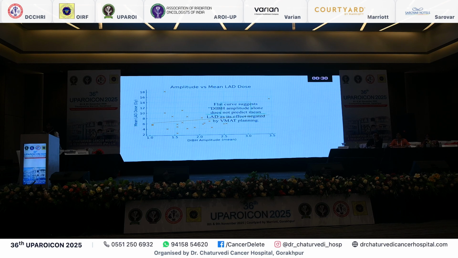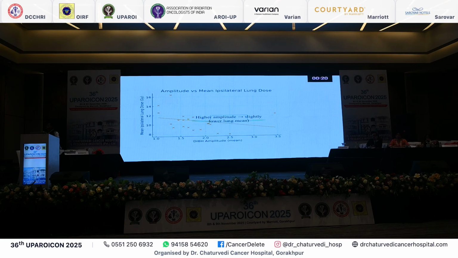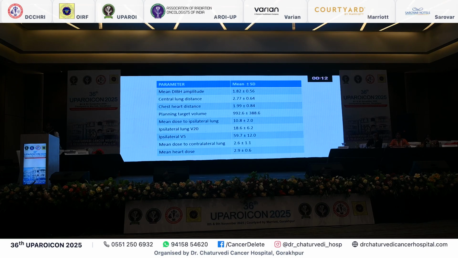In this graph, between amplitude and mean LAD dose, there is still a flat curve, which suggests DIBH amplitude alone does not predict LAD dose. Interestingly, there could be some other factor affecting it. For amplitude versus mean ipsilateral lung dose, there was a higher amplitude, as we see in this graph. All of the parameters that we measured were under the recommended constraints.